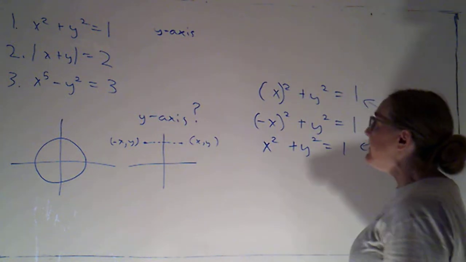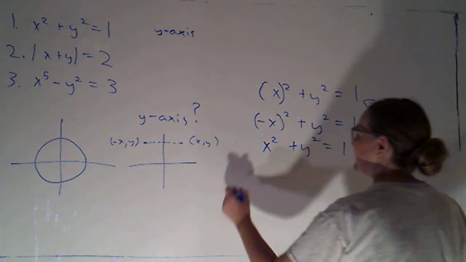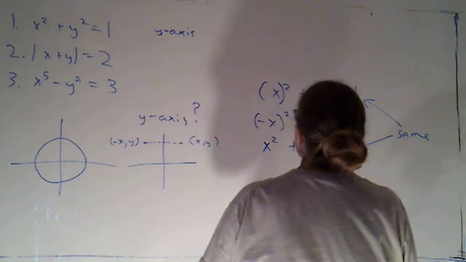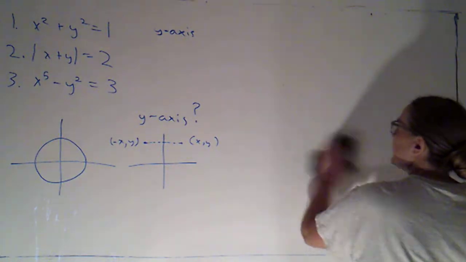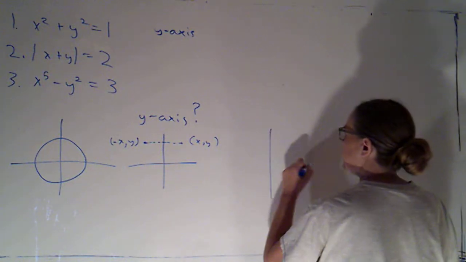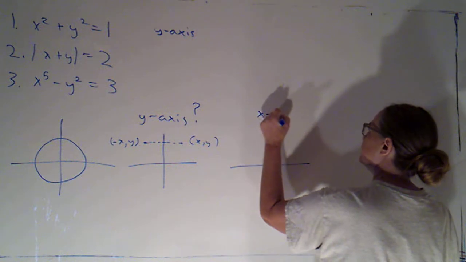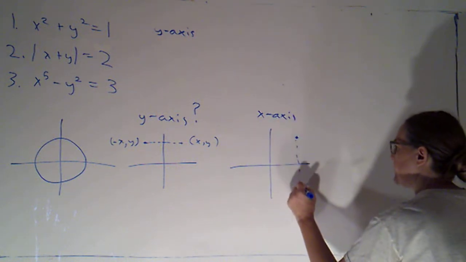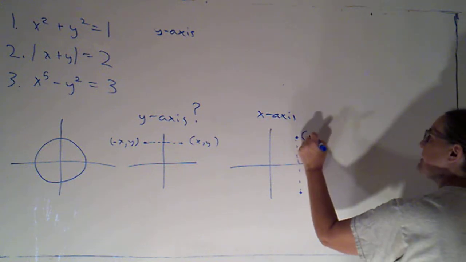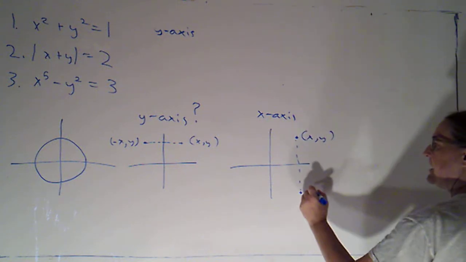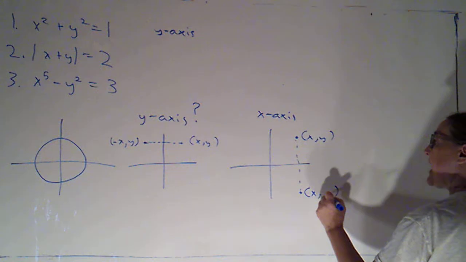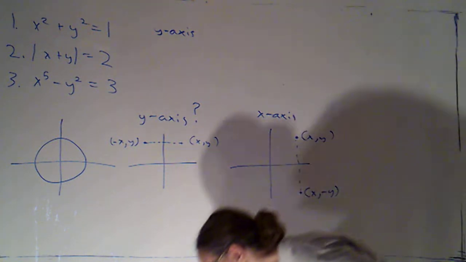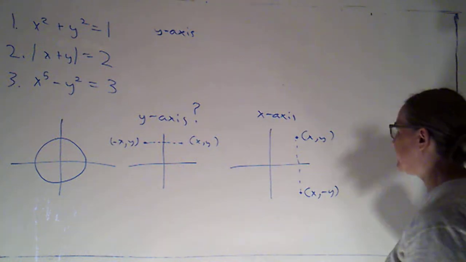Okay. If we check the x-axis, our picture is similar, except the mirror image point would be on the other side of the x-axis. So a point x, y here, its mirror image would have the same x, but since the point is on the opposite side of the x-axis, would have the opposite y value.